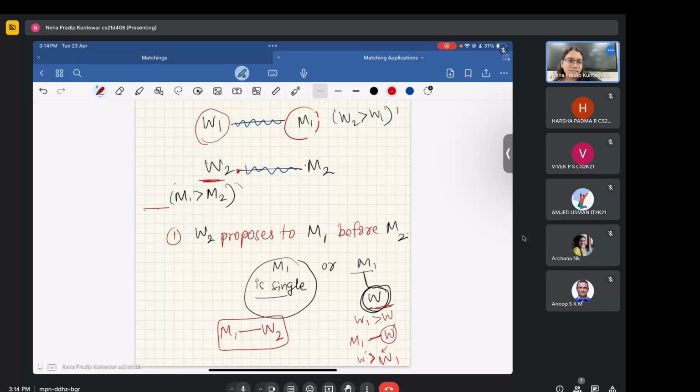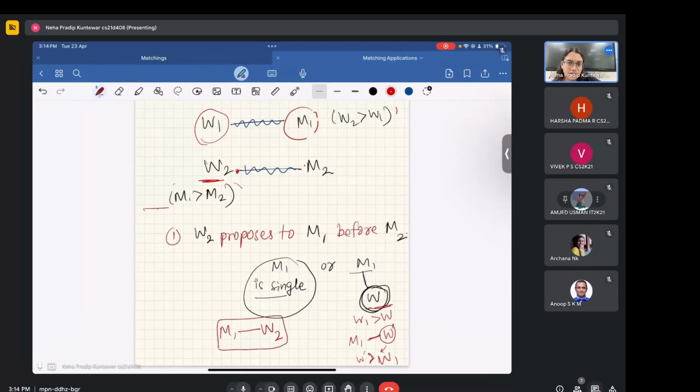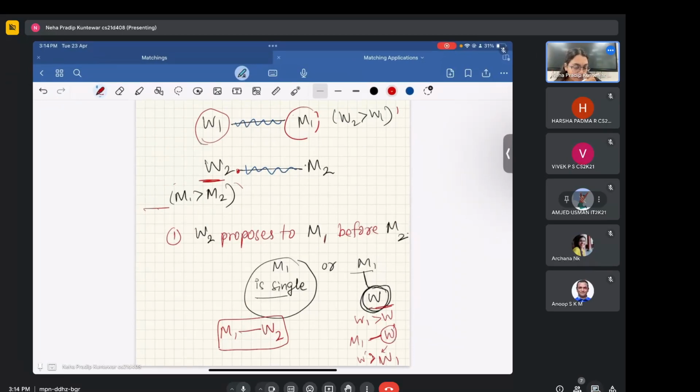In this case, M1 is not going to accept the proposal from W1, because he prefers W2 over W1.